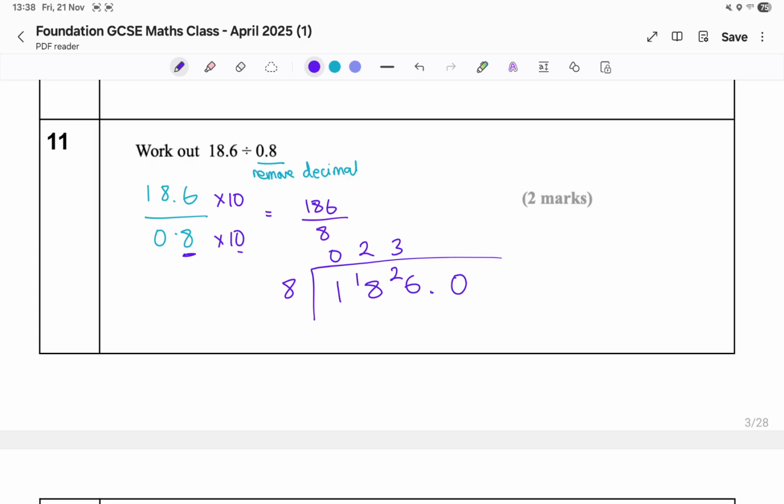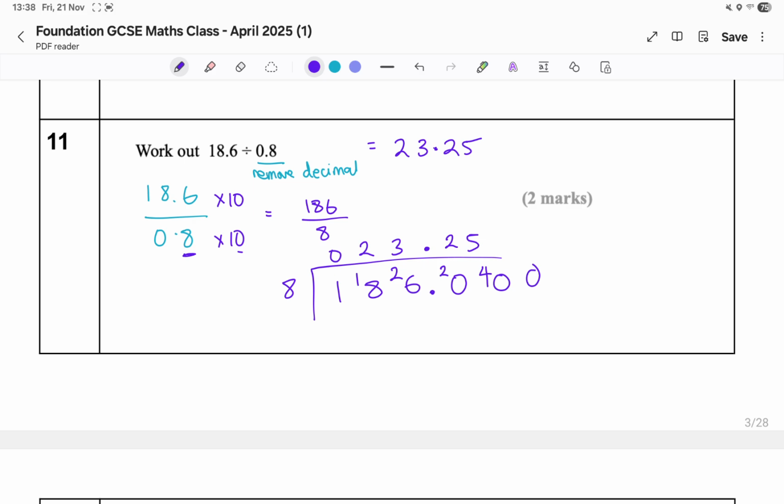Need to add some zeros because there's going to be remainders, and make sure you align the zeros up. 8 goes into 26 3 times, and the remainder is 2. How many times does 8 go into 20? 8 16 twice, remainder 4, and 8 goes into 40 5 times. Therefore, the answer is 23.25. That's how you do that one.